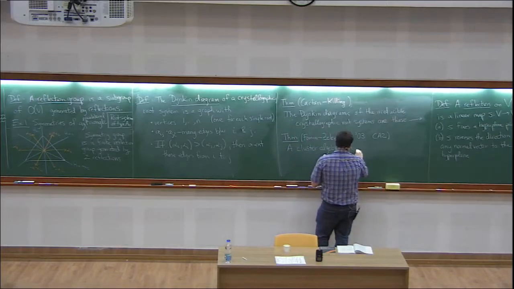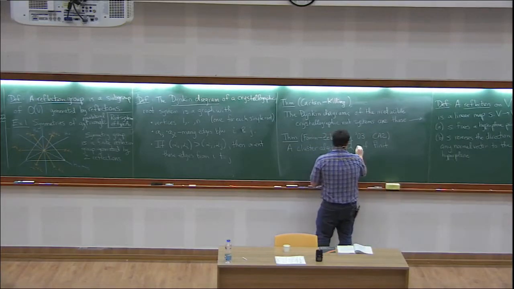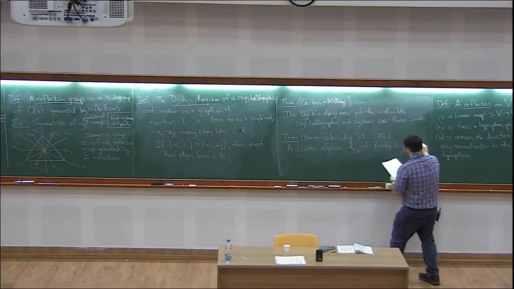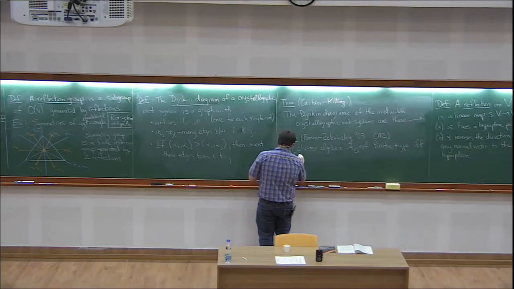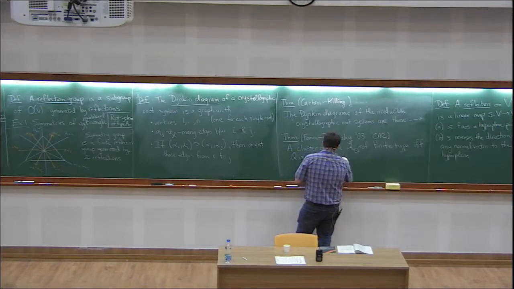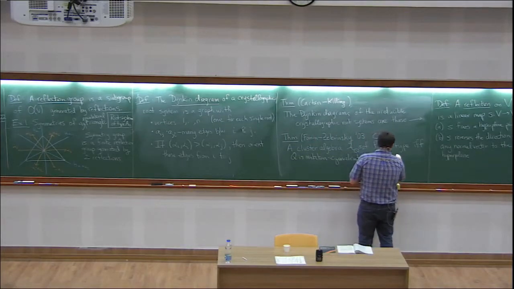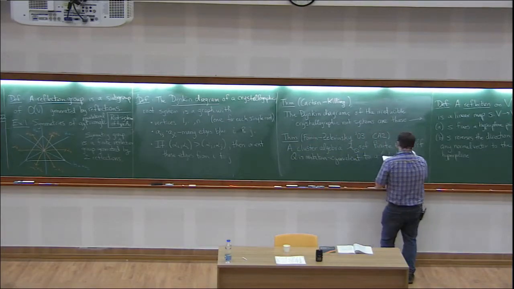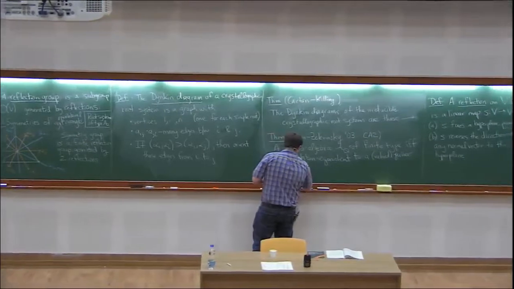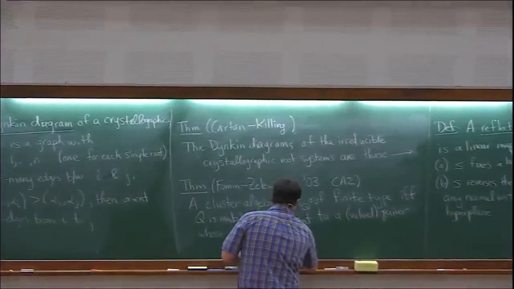A cluster algebra, A sub Q, of finite type. A cluster algebra is of finite type if and only if Q is mutation equivalent to a valued quiver whose underlying valued graph is one of these.